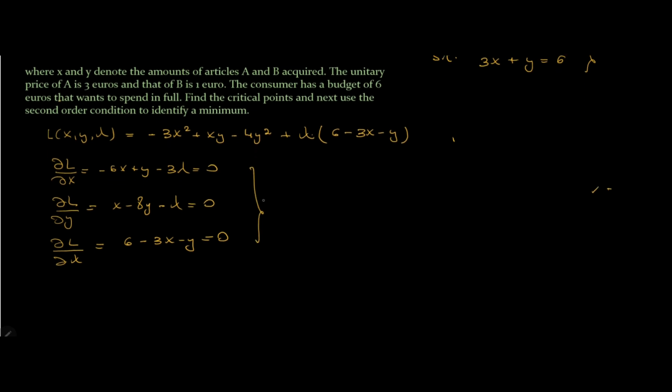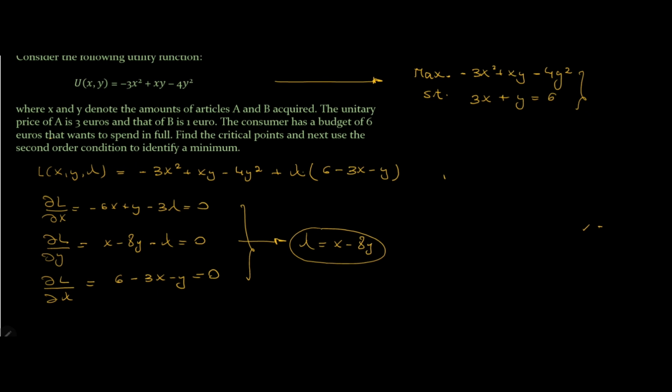So if I consider the second equation and solve for lambda, I get lambda equals x minus 8y. And if I consider the first equation, I get 3 lambda equals minus 6x plus y, and so lambda equals minus 6x plus y divided by 3. That's our second expression for lambda.